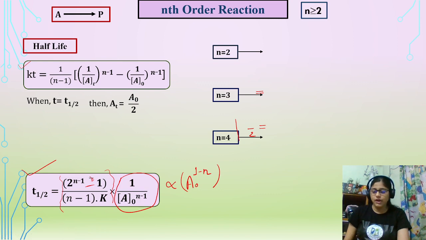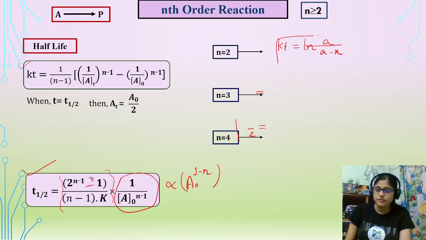So the formulas you have to remember: the integrated rate law for first order reaction, which is Kt equal to ln A by A minus x. This is first order. For zero order, it was x equal to Kt, or A0 minus AT equal to Kt.